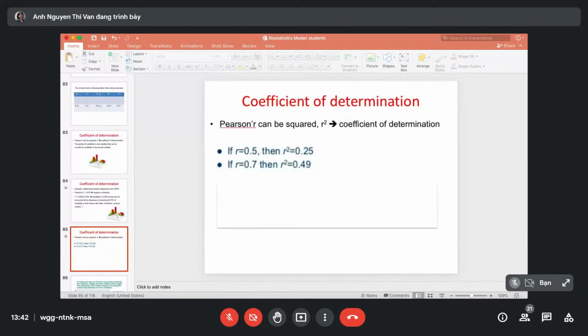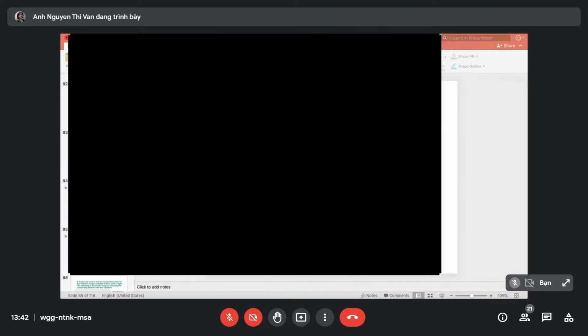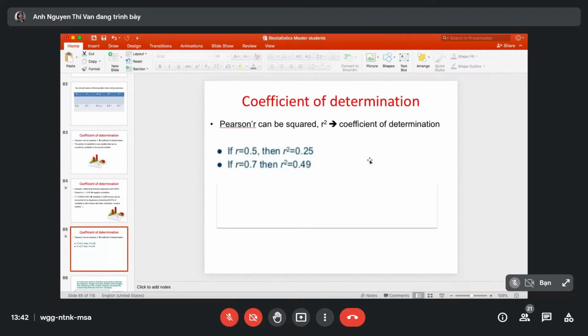The coefficient of determination equals 0.49. It means that 49% of variability of one variable can be accounted for by the second variable, and the 51% of the variability will be affected by other factors. Yes, it's correct.